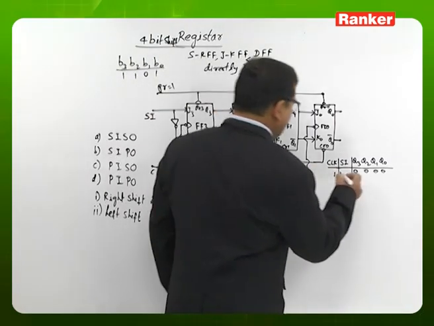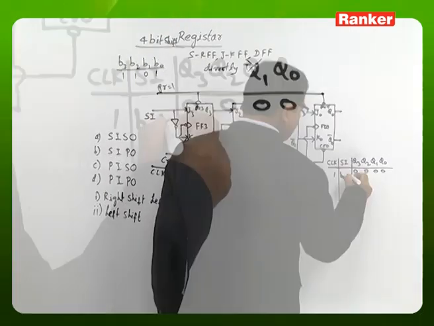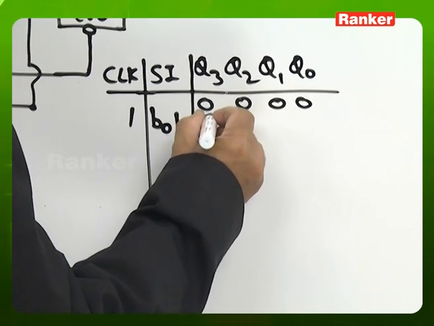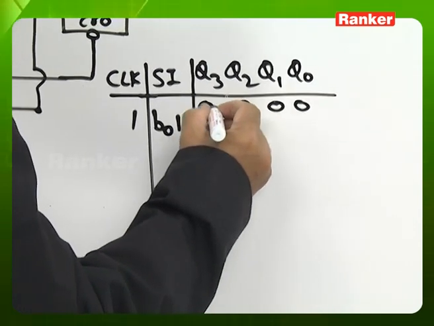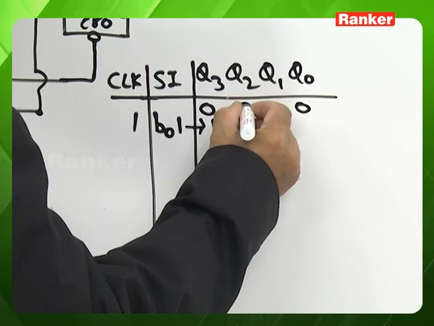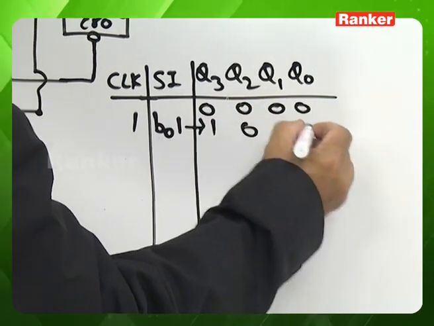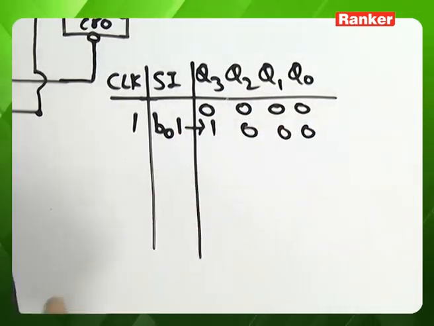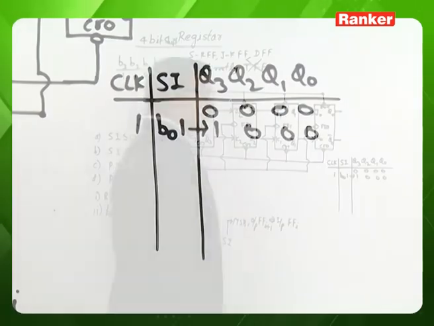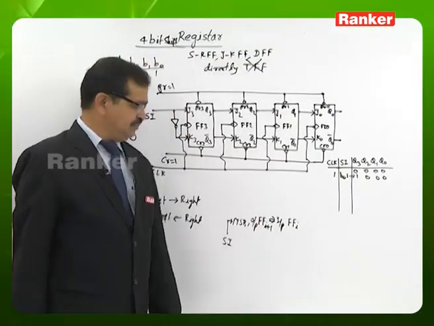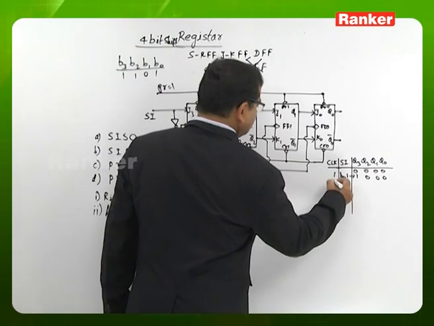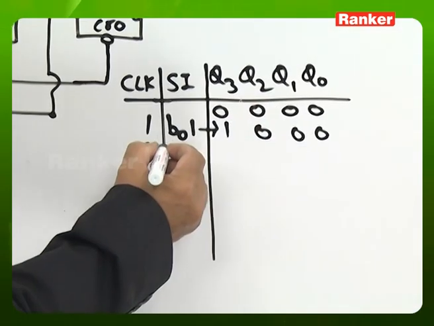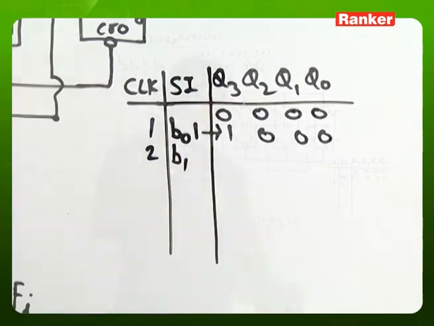Hence, as and when we apply the clock signal, bit B0 comes to Q3, the Q3 bit comes to Q2, the Q2 bit comes to Q1, and the Q1 bit comes to Q0. It is the content in the register after the first clock pulse. Before applying the second clock pulse, at the serial input we want to keep the bit B1.